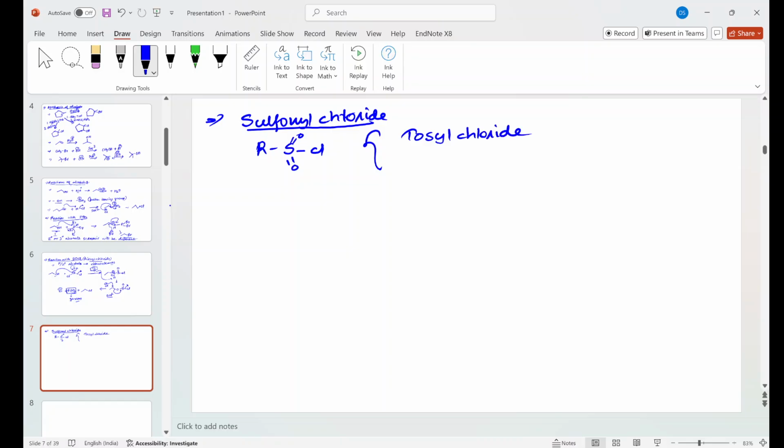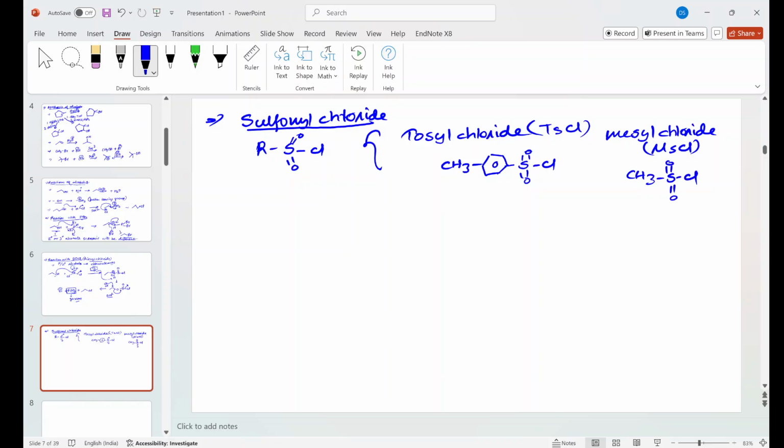Maybe many of you have heard it, or simply we call it TsCl, which is nothing but CH3, then you have a phenyl ring, then SO2 with Cl, and the other one will be methanesulfonyl chloride, or MsCl, CH3 plus SO2 Cl, right?